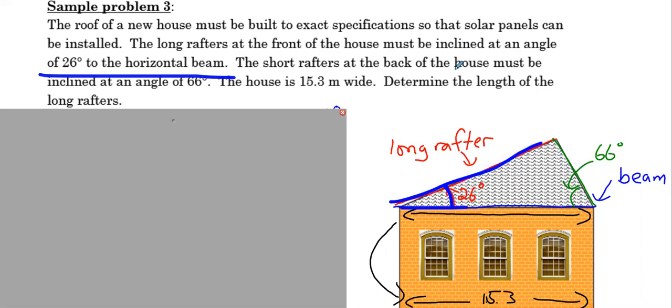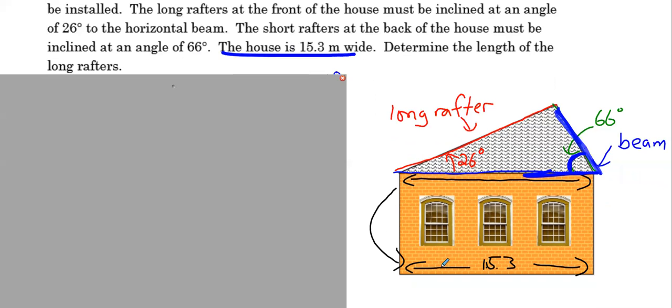The short rafters must be at an angle of 66. So the shorter rafter, and there's the beam, and there's the angle, has to be 66. The house is 15.3 meters wide. So if it's 15.3 meters wide here, guess what this measurement is? Exactly, 15.3.